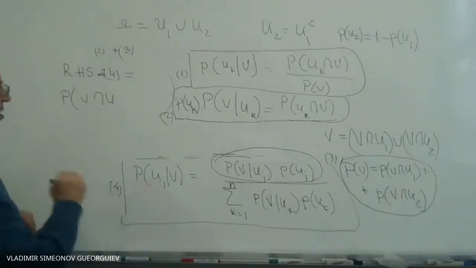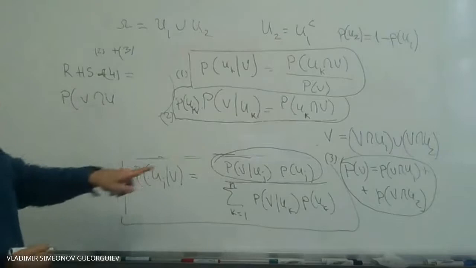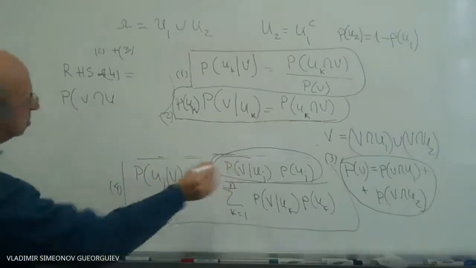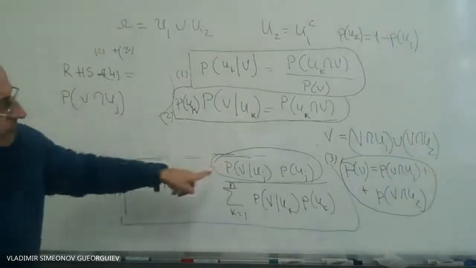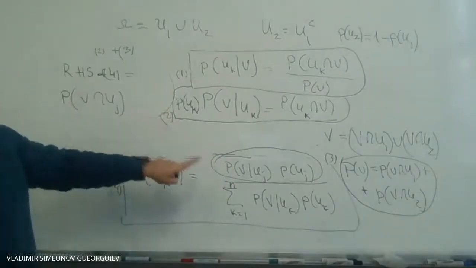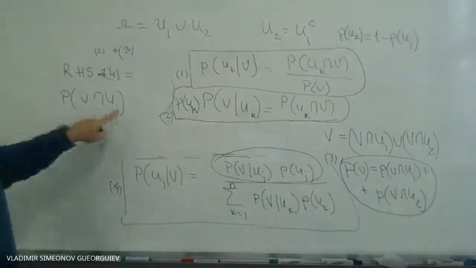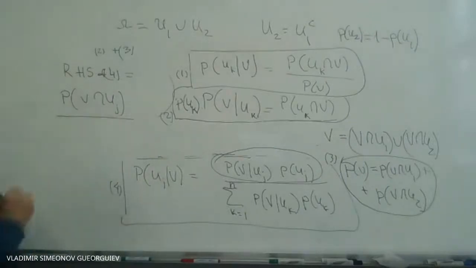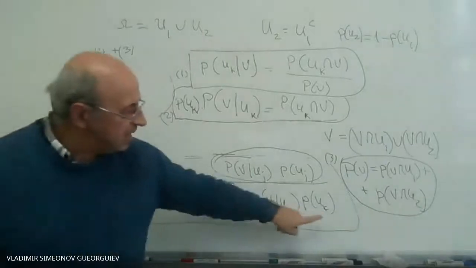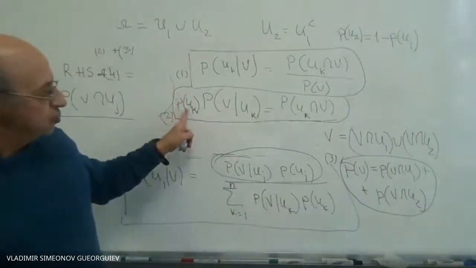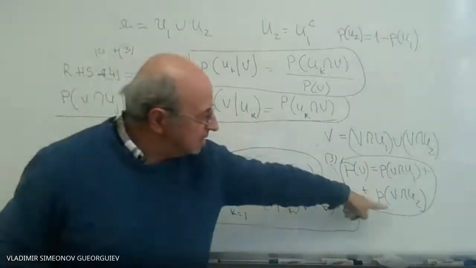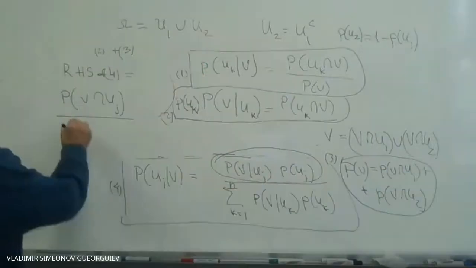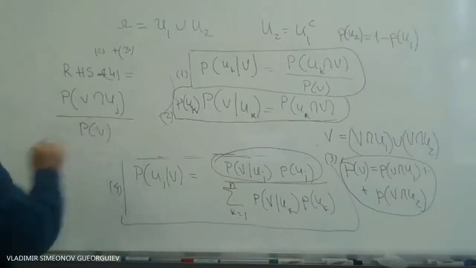I think we take j equal 1, but we can keep j. If I apply this with kappa equal j, I take this numerator. The denominator, we said, due to 2, is the probability of U kappa intersected with V. When you take the sum, it gives the probability of V.